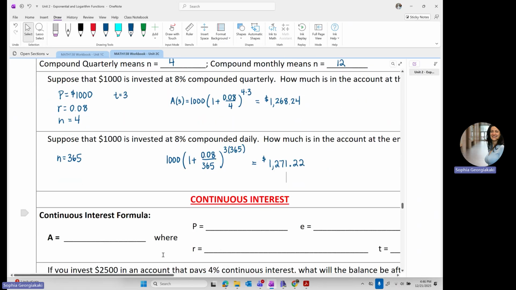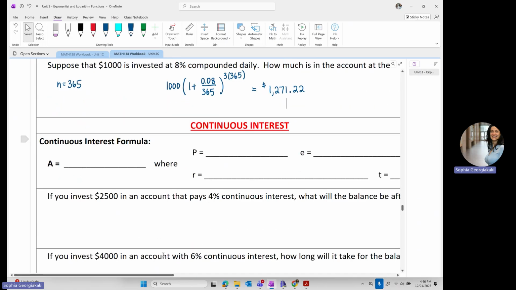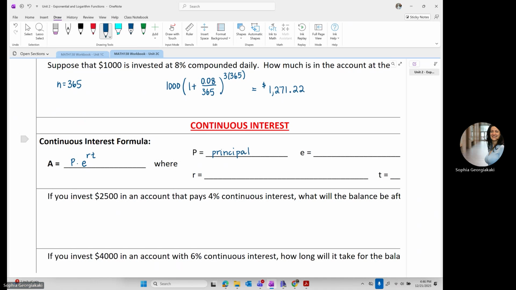A continuous interest formula has a compounding that happens every split second continuously, and the formula is principal times E to the RT. P is the principal, your original amount. E is the natural base, which is available in your calculator.